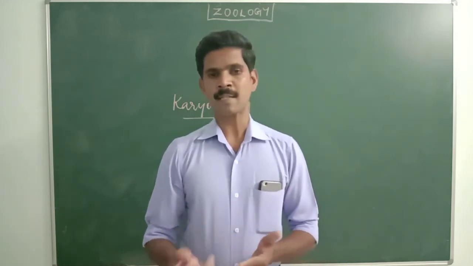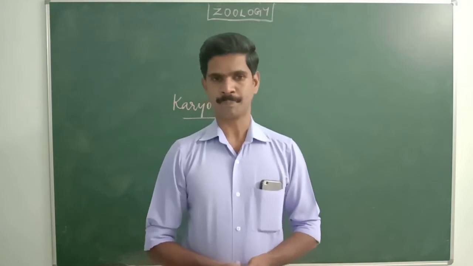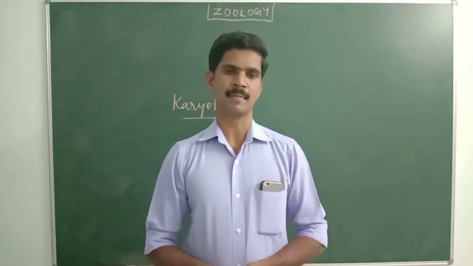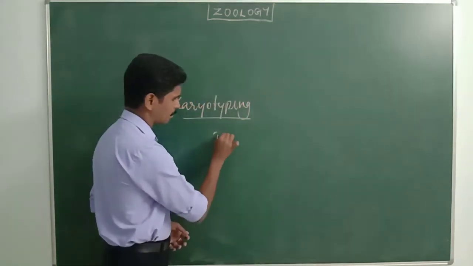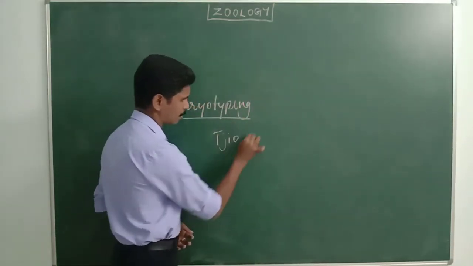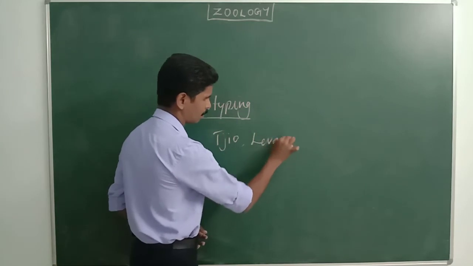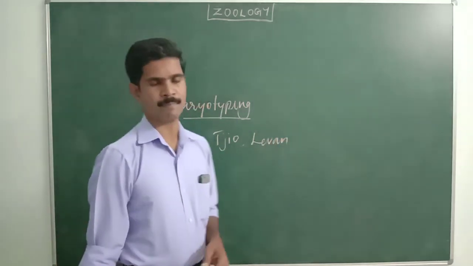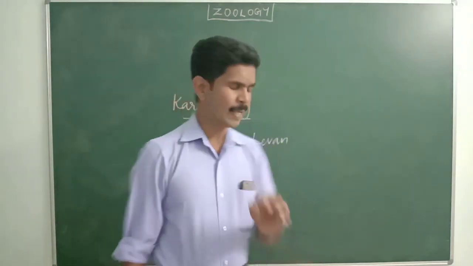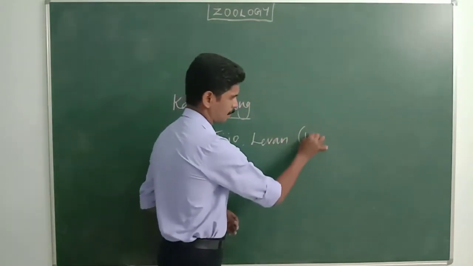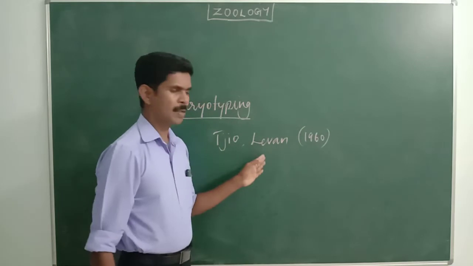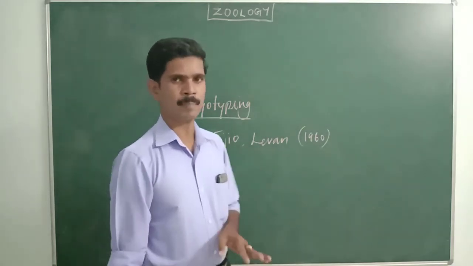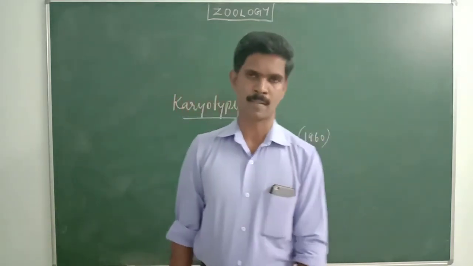Then, the preparation of this karyotyping. Two scientists, Tijo and Lehman, in the year 1960, first explained this karyotyping technique with the help of leukocytes.